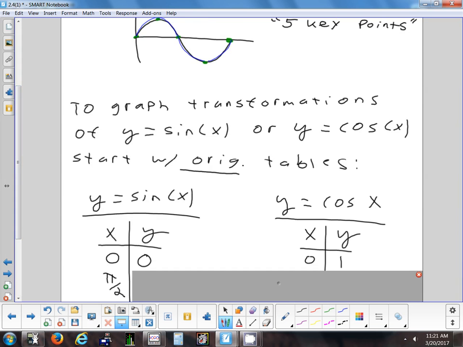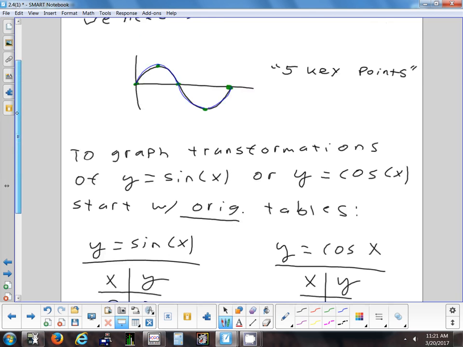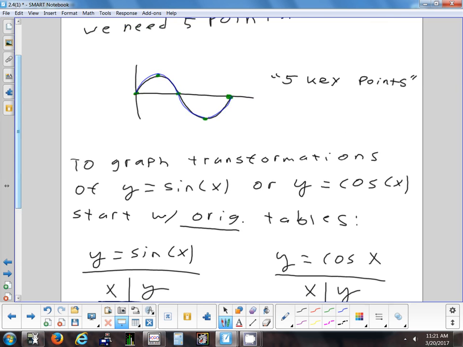How about, James, when we get to pi over 2, a quarter of the way through that graph, what's my y value at pi over 2? I'm not sure. Where's pi over 2? All these points that I've marked are those x values in that table.